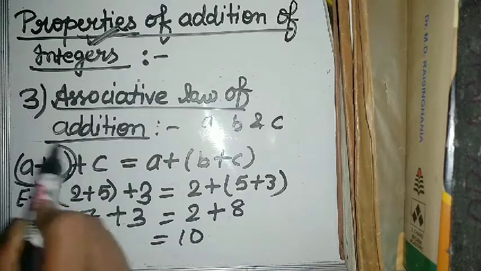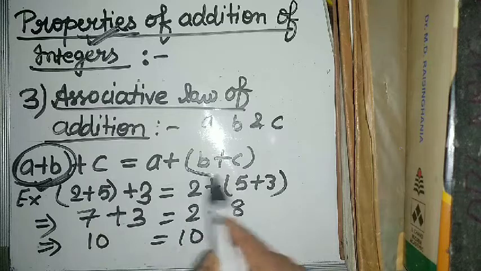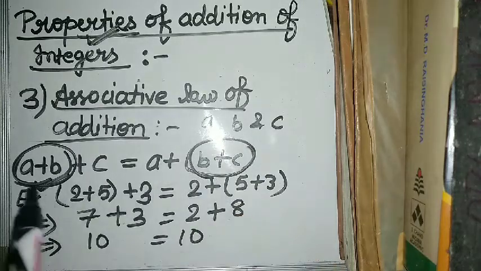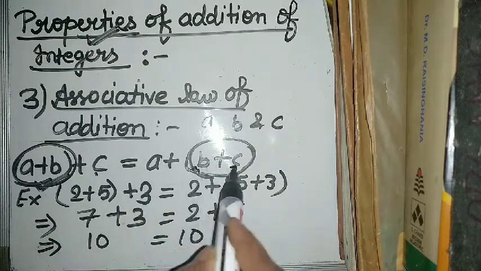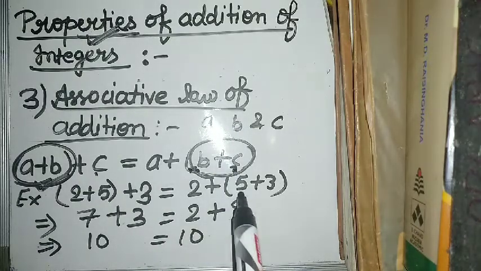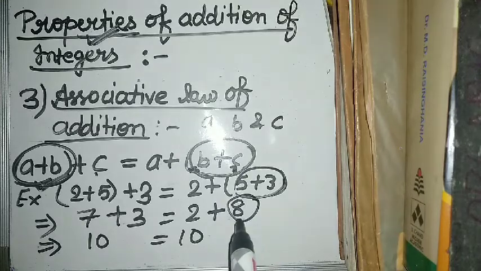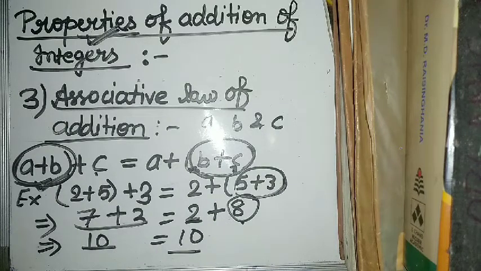First we add a plus b here, and here we add b plus c first. Then a plus b we add with c, and here b plus c, that means 5 plus 3, that is 8. That 8 is added with 2, and this 7 is added to 3, but both the values are the same. So I hope all of you understood the associative law of addition.